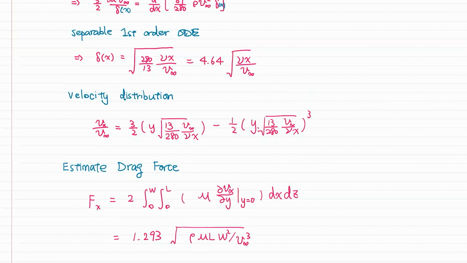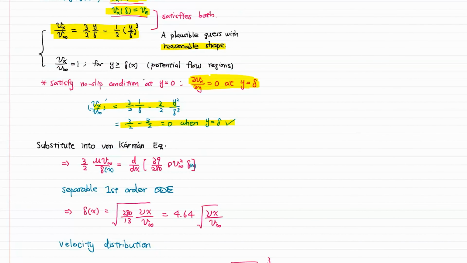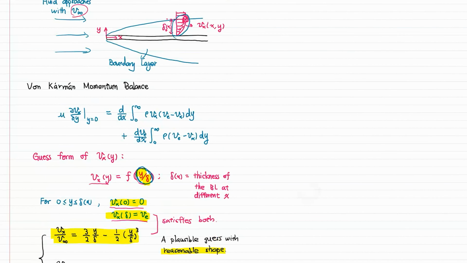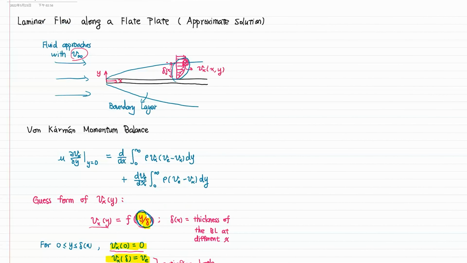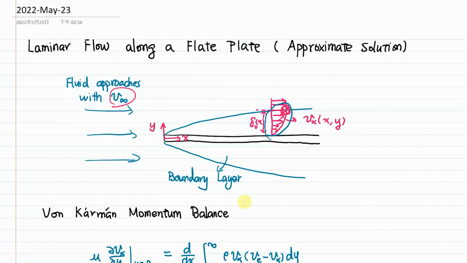Okay, so let's quickly review using the von Karman's momentum balance to figure out the velocity distribution for a laminar flow flowing along a flat plate. Again, this would be our schematic here.